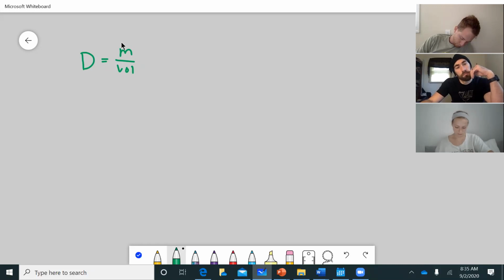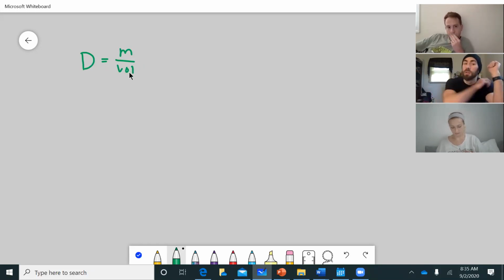So if I want to get mass by itself, what I need to do is take volume and somehow move it to the other side of the equation. Now, on this side, volume is acting as a divisor, or it's underneath the division bar. So in order to get rid of it or move it to the other side, I have to do the opposite order of operations. So if it's dividing here, I need to multiply this side by volume, because if I multiply this side by volume, volume and volume disappear.